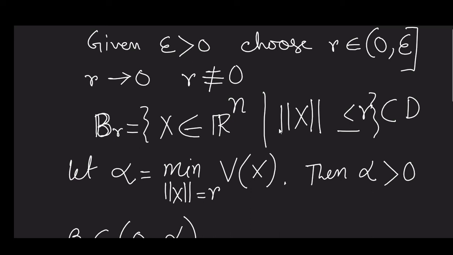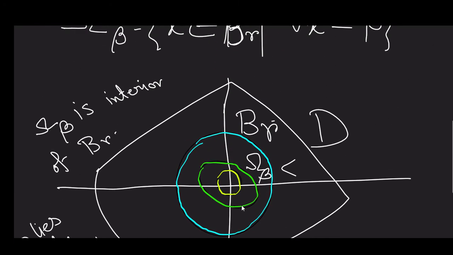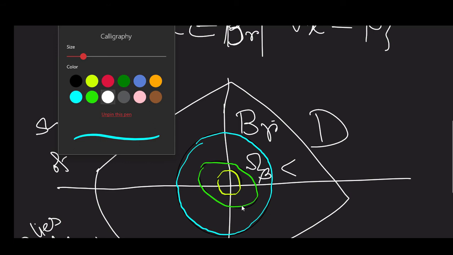Now if you still have a problem, let me show you geometrically what BR could be. BR could be some concentric circles.